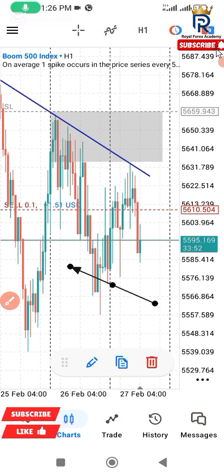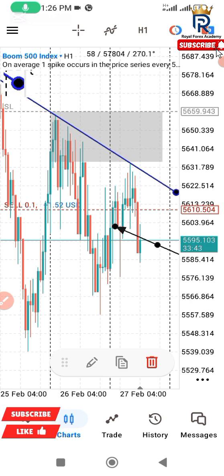So what is the next thing you need to do? Simple. Price came close to that zone and retested that zone. When price retests this zone, another thing to take note of is that price can choose to break above this zone here.